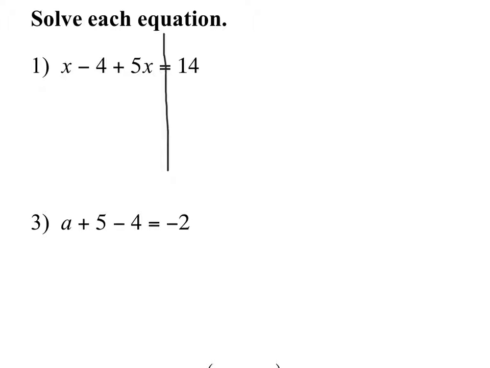So on the left side, do you see anything here that we can combine? Well, I see two things that are like terms. I have an x here and I have a 5x. How do I know those are like terms? They're the same variable and they have the same exponent. So these two things, x and the positive 5x, I'm going to go ahead and combine those and make those 6x. 1x plus 5x is 6x.